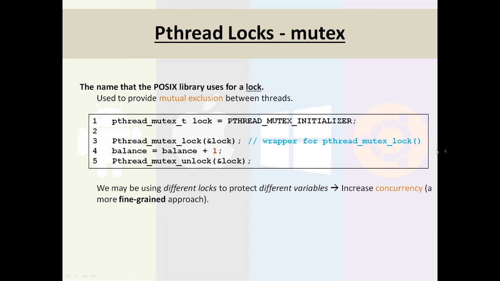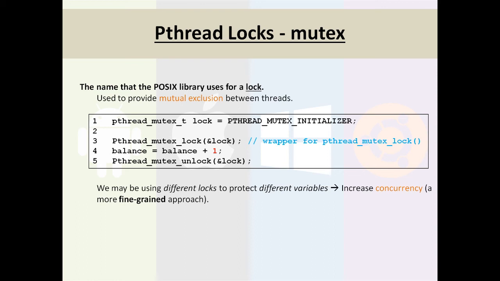So it works exactly the same as before, but this is more of a specific syntax for implementation. What is interesting is that we may also use different locks to protect different variables. There are a lot of different types of locks that we can implement. And that is what we're going to be looking at in part 2 of this lecture, implementing various types of locks and where they perform better and worse.